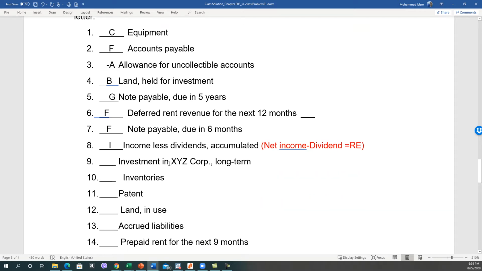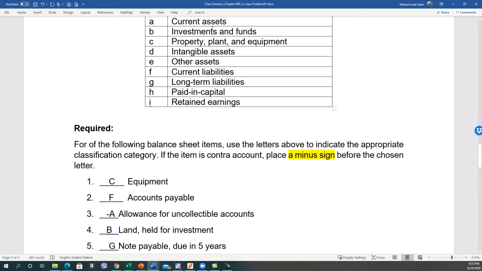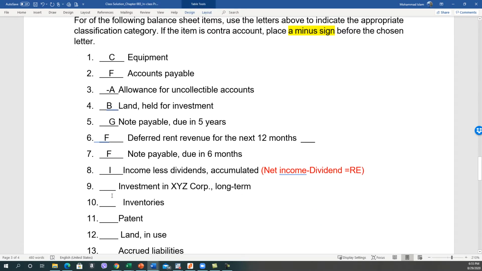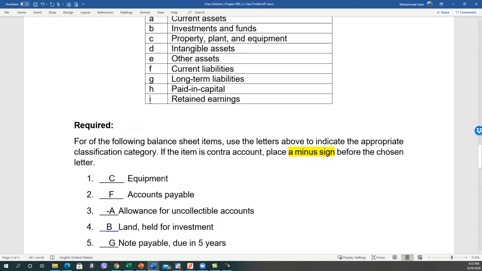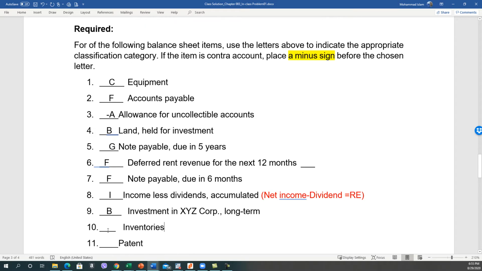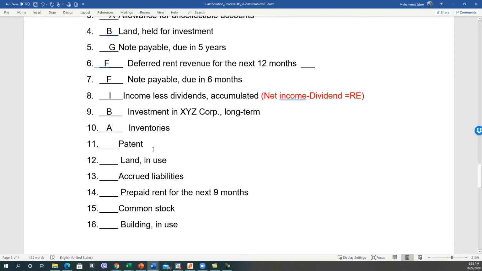So investment in XYZ company, long-term investments. So what is that one? Let's see. This one is investments and funds. So it's going to be B. Inventories. So current assets, A, correct. Then patent.